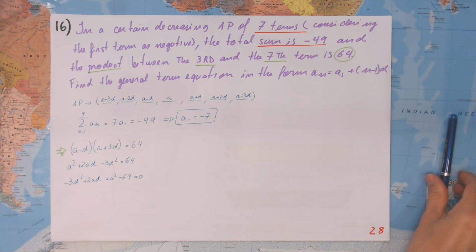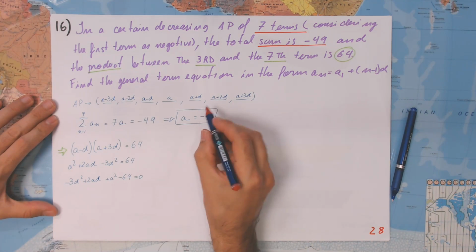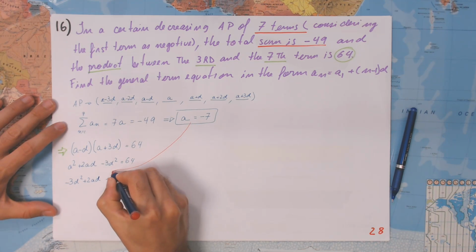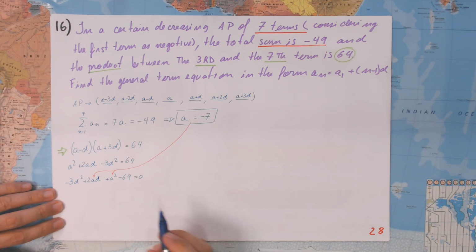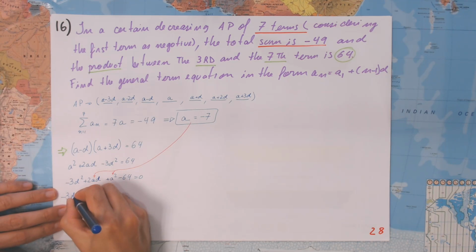Well, but there is something that we have to use. We know A. It's going to be minus 3D squared.